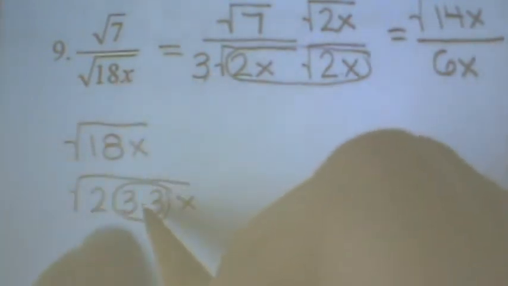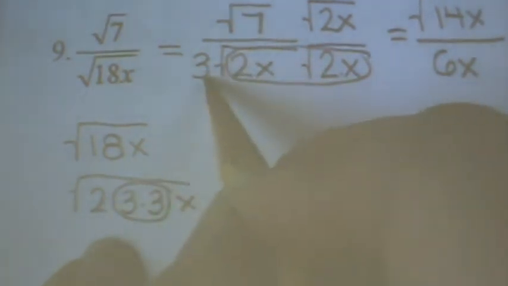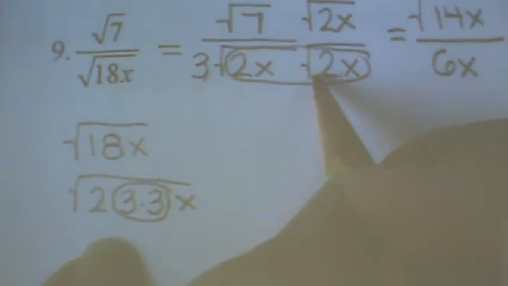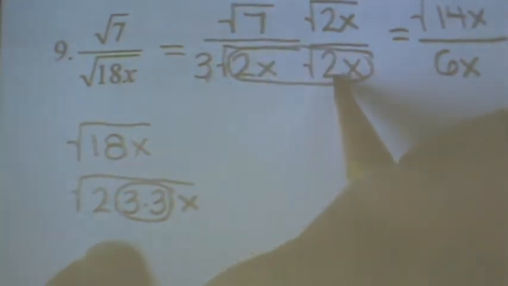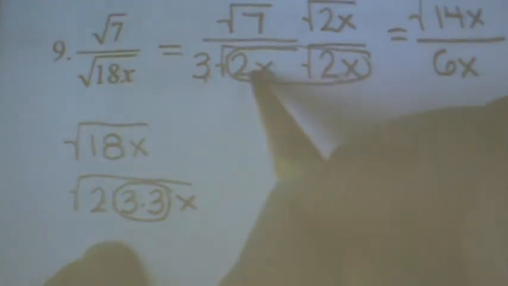Do you know where the 3 came from? Factor the 18. You got the 3 from the 9, 9 times 2. The 2, we needed, we put a root 2x here, so we've got a pair of 2's. We have 2 times 2, so we have a set of 2.